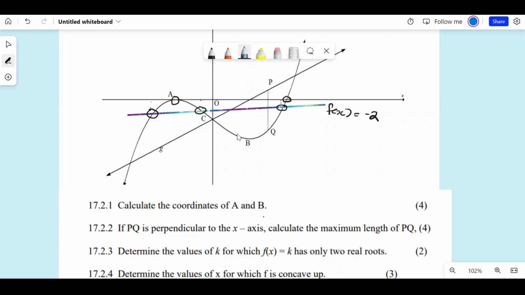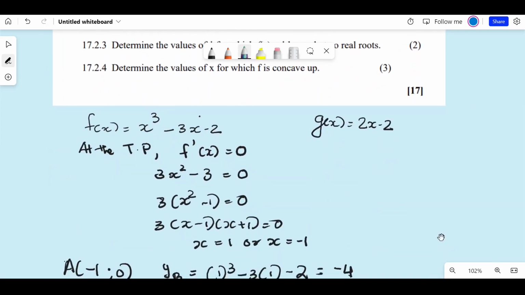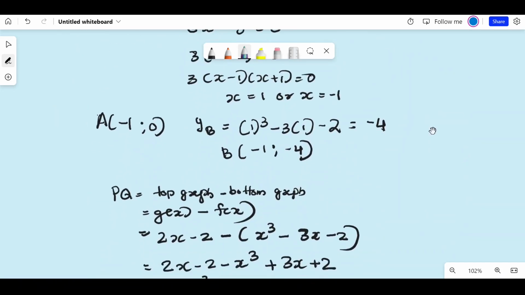Now if you draw another line at the turning point here, that one also cuts the graph at 2 different points. So if you want 2 real roots, the line must cut the graph at the turning points.